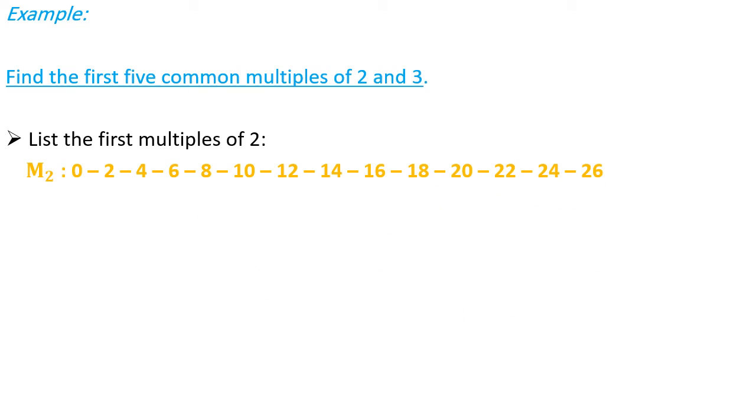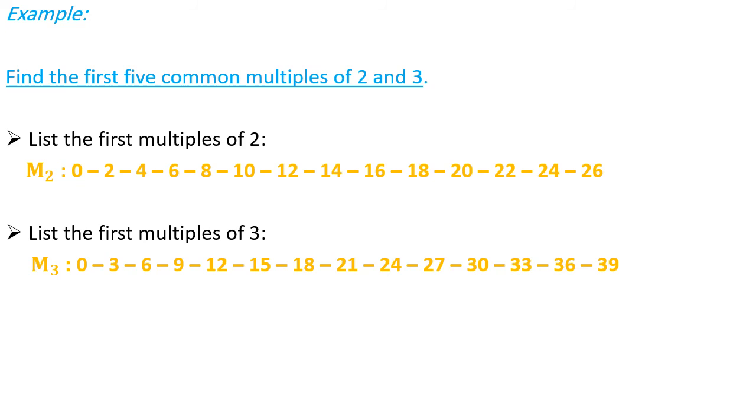The multiples of 2 are 0, 2, 4, 6, 8, 10, 12, 14, 16, 18, 20, 22, 24, 26, etc. Now, the multiples of 3 are 0, 3, 6, 9, 12, 15, 18, 21, 24, 27, 30, 33, 36, 39, etc.